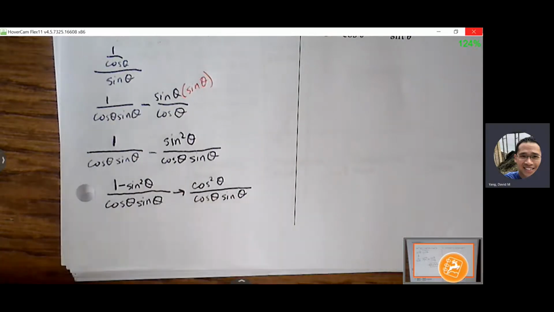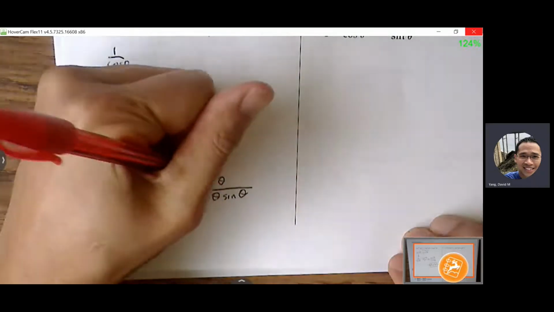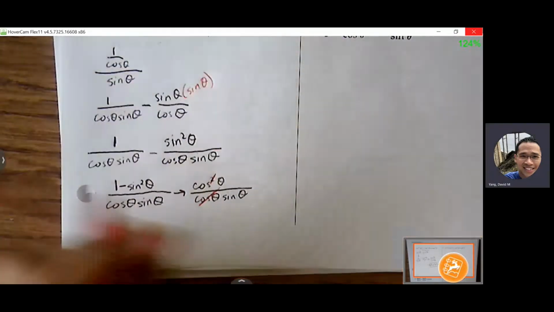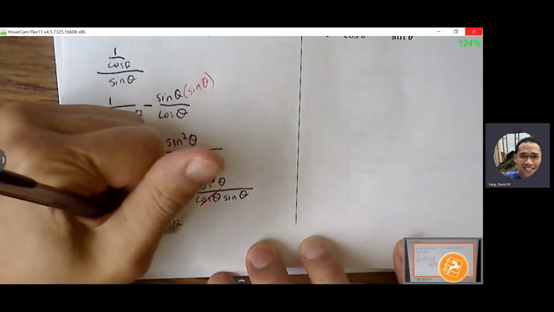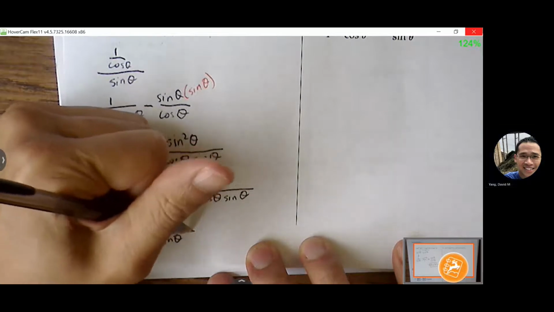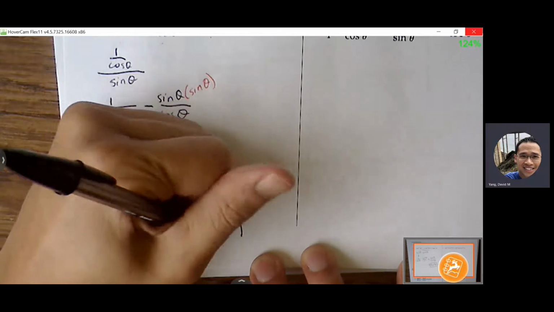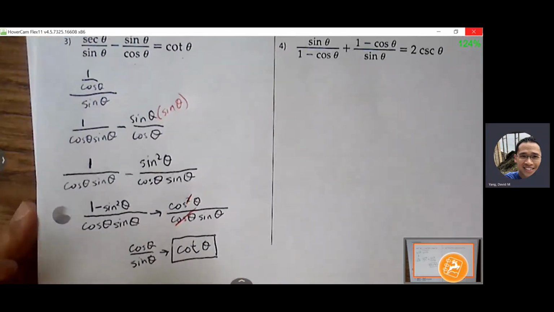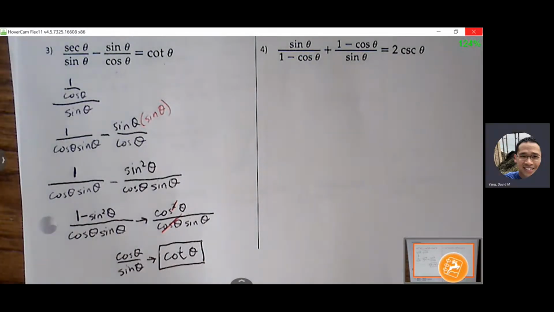We see some common factors that we can take out. We're left with cosine over sine. That gives us cotangent. Okay, any questions with 3?